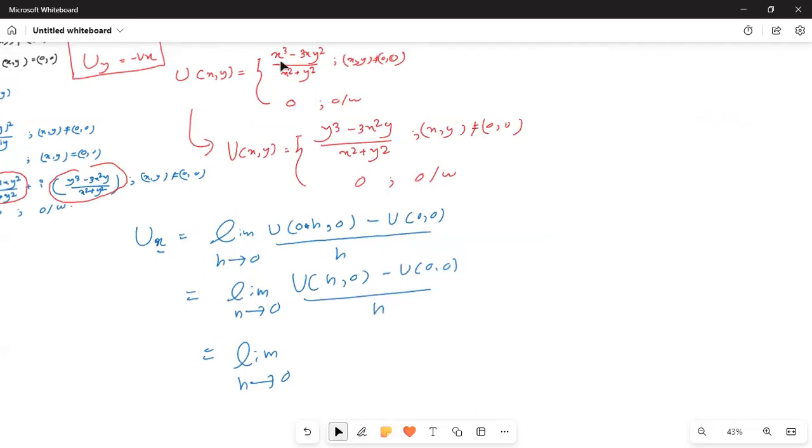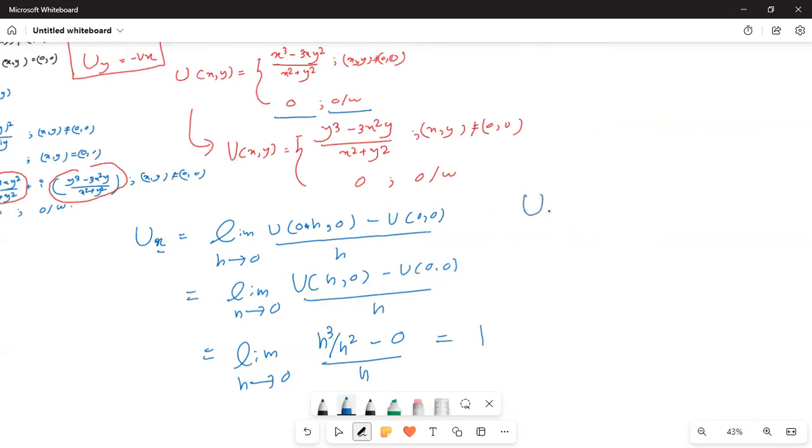So we end up having this term, h cubed over h squared. u(0, 0) is 0 because the function is defined at the origin as 0. Therefore, this is 0. Then you have h here. So simply you get 1. So u_x you get 1.